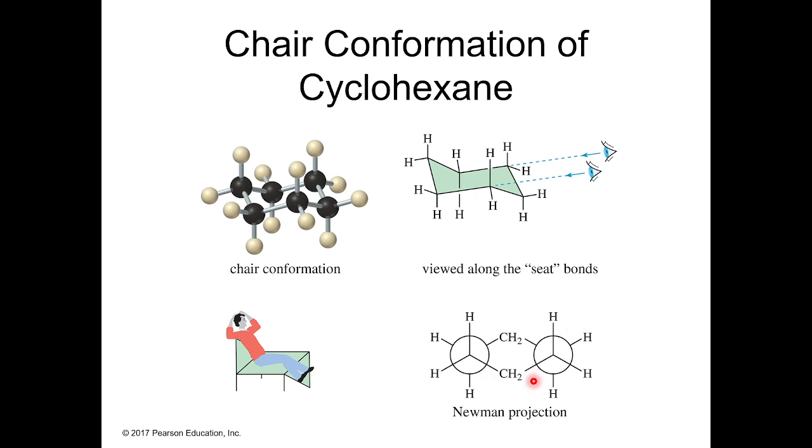Okay, so again, this is your Newman projection. You're looking down these two bonds, and you can see that it's pretty much a staggered conformation, right? By the way, this same Newman projection is the same for all of these different carbons. You just have to rotate the molecule around, and it will match up like this across pretty much the whole thing.